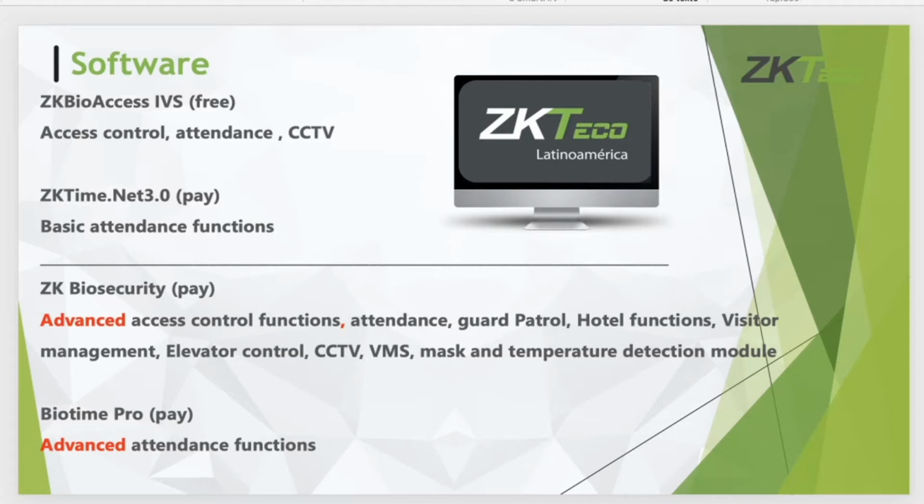BioSecurity is more focused on the access control part. Even though it has a time and attendance module, this module is not as powerful as BioTime Pro, which is our dedicated time and attendance software for big projects.